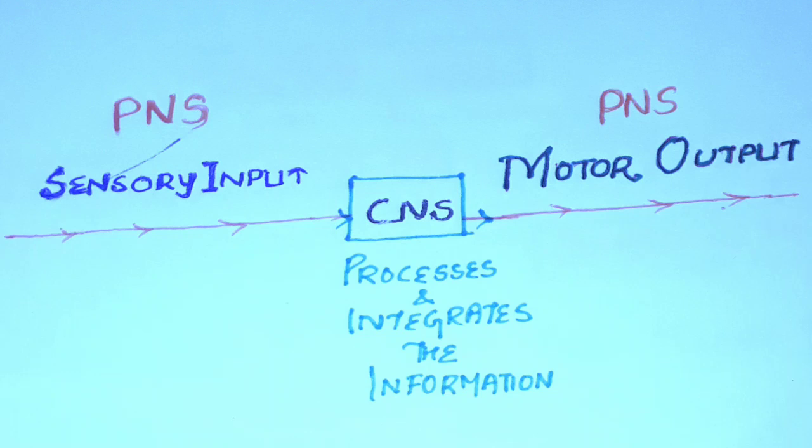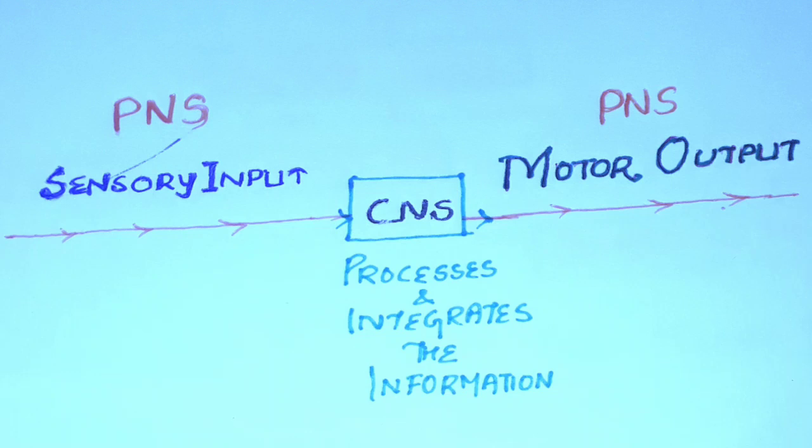The system which is taking information or input and sending an output or response is known as central nervous system, and the system which is carrying information to central nervous system is peripheral nervous system, and the system which is bringing information from central nervous system to out as motor response is also peripheral nervous system.